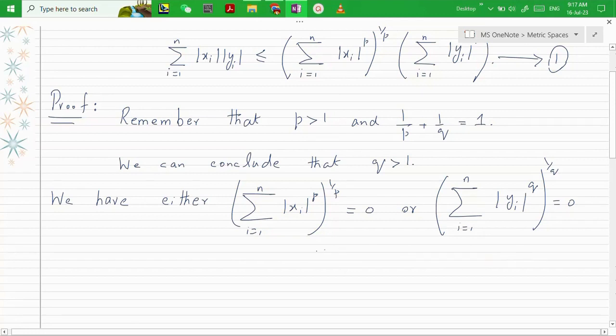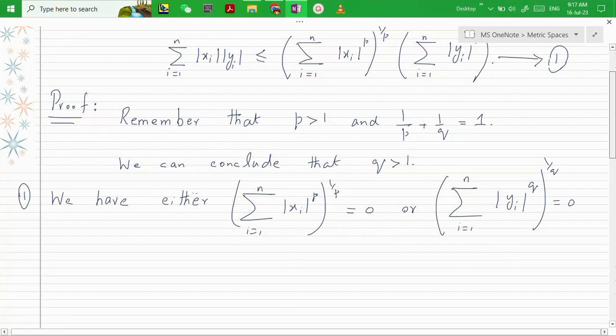Or we may have both of them non-zero. In the first case, we suppose that either this one or this one equals 0.